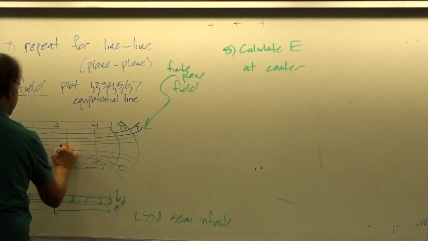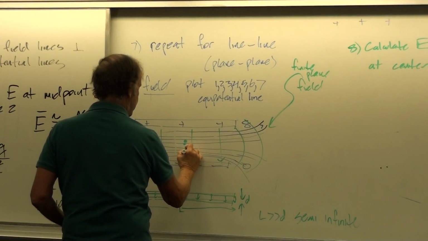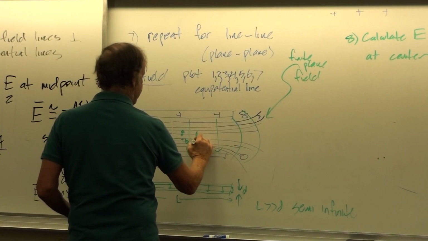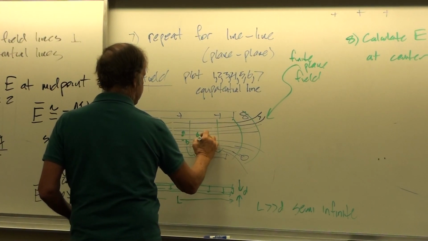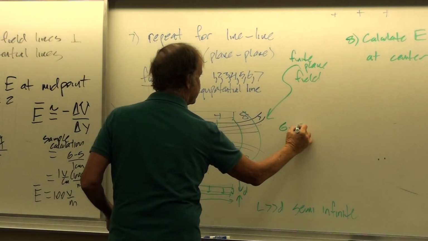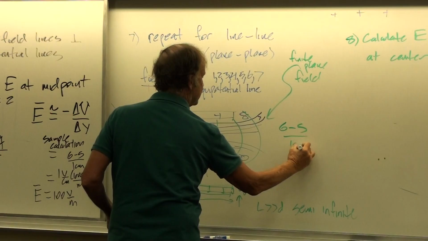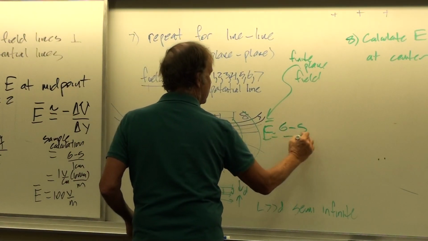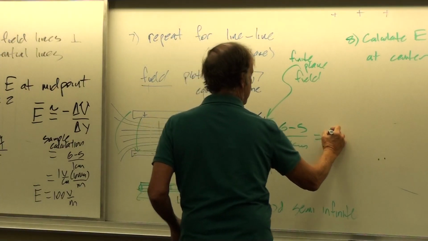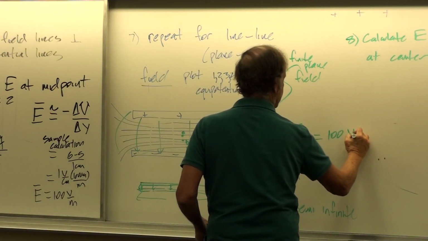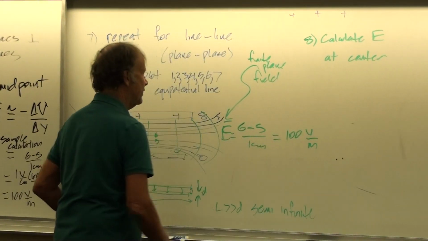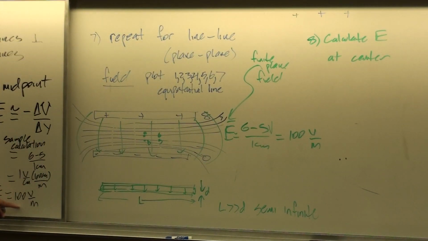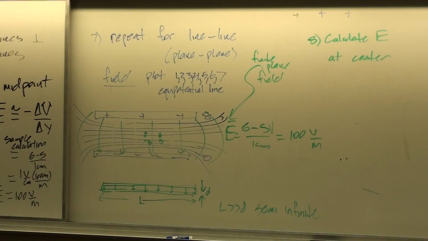So right in here, you do this again. Point A to point B, this might be, for example, 6 volts, that might be 5 volts. So you'd have 6 minus 5 divided by 1 centimeter for E average. So that would be 1 volt per centimeter, or 100 volts per meter, just like before. Although they won't be exactly that value.